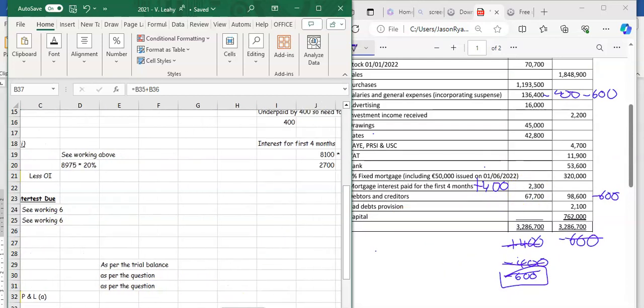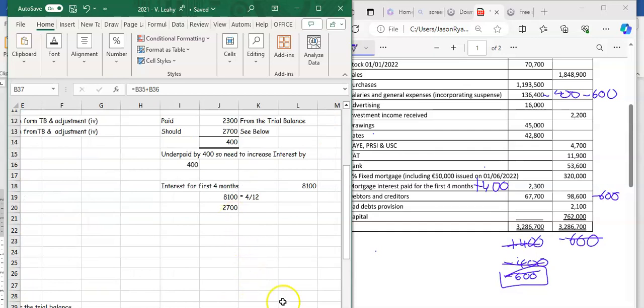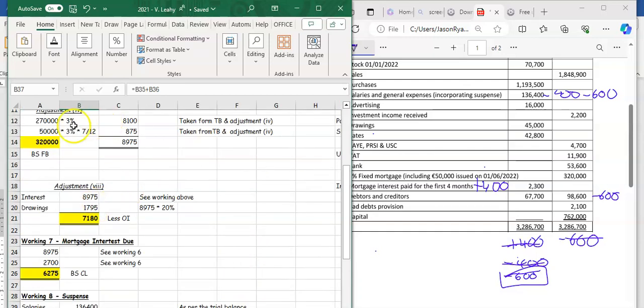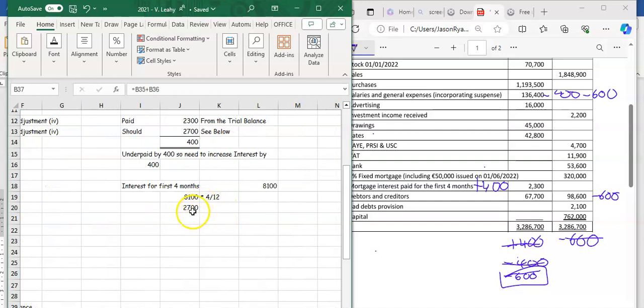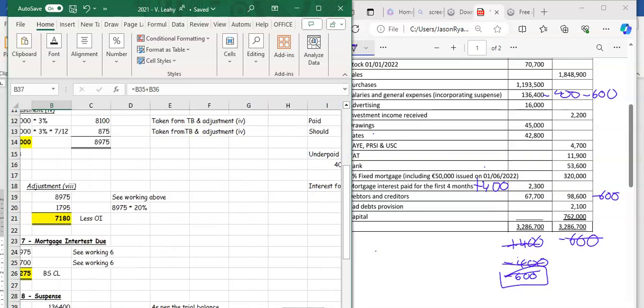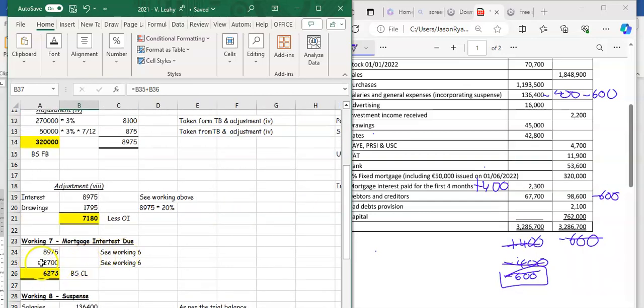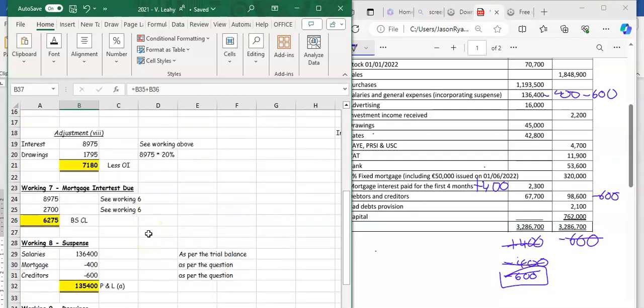So to find the correct figure, of this 8,100, which is the yearly interest, the first 4 months is part of that 8,100. So I had to find out how much interest was for the first 4 months. So it's 2,700, a difference of 400. That 2,700 is what should have been paid. So my mortgage interest due is this 6,275.